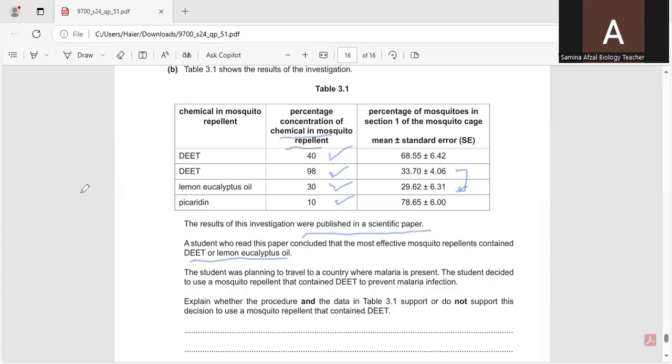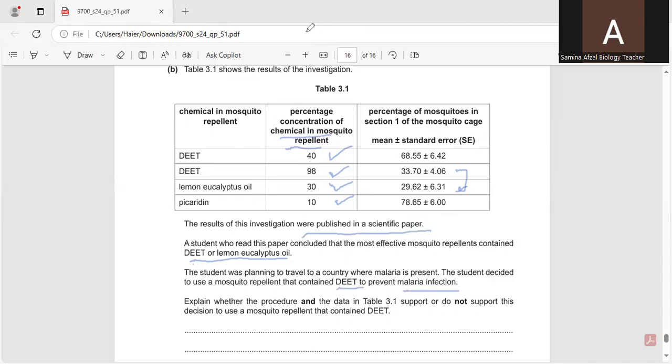The student was planning to travel to a country where malaria is present. The student decided to use a mosquito repellent that contained DEET to prevent malaria infection. Explain whether the procedure and the data in table 3.1 support or do not support this decision to use a mosquito repellent that contains DEET.